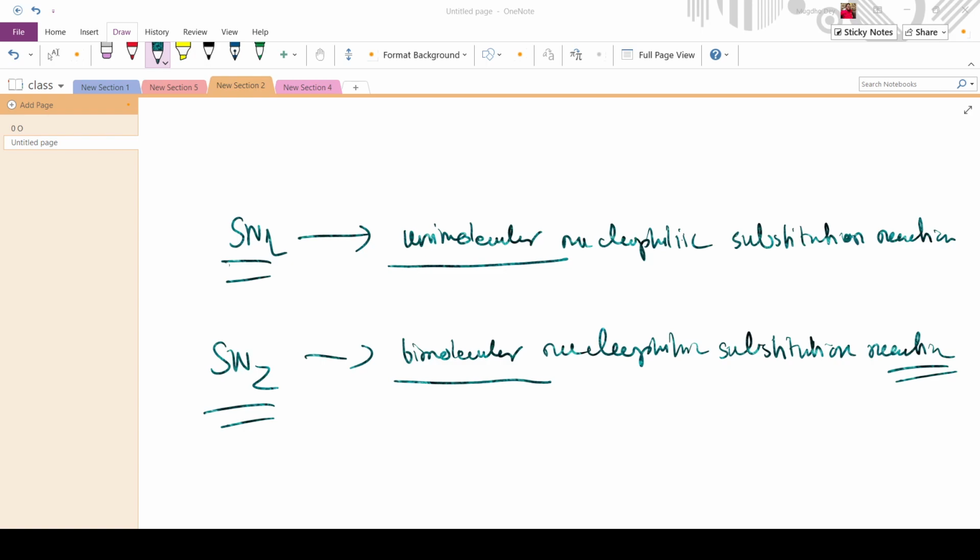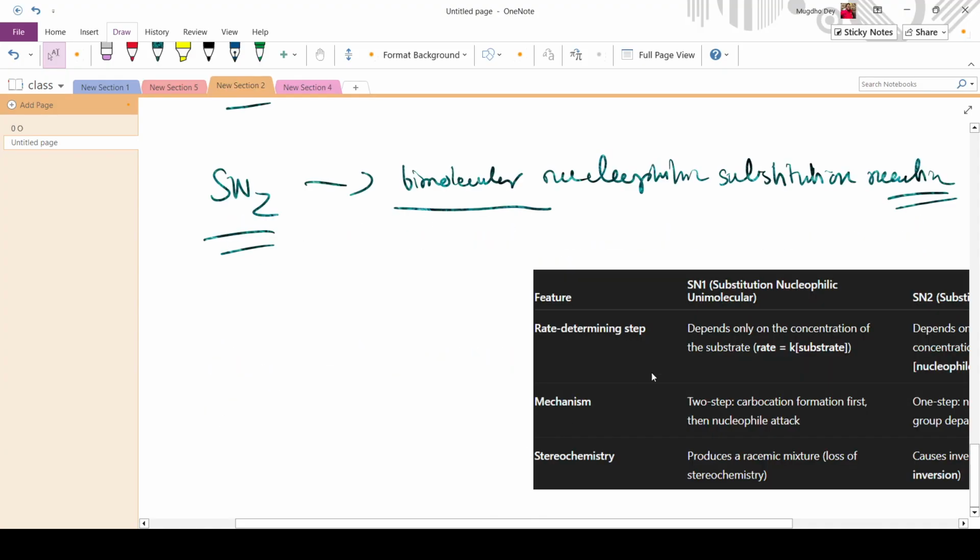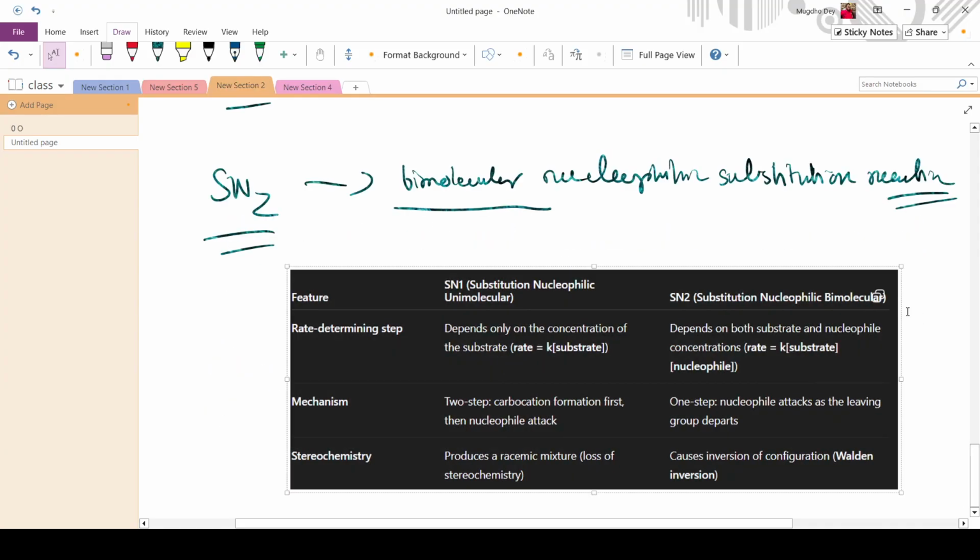This is the important part, and I think you should write it as well. Do you see it down here? These are the three differences. In SN1, the rate depends only on the concentration of the substrate. Did Shubhrabai teach you the rate equation in the rate chapter?